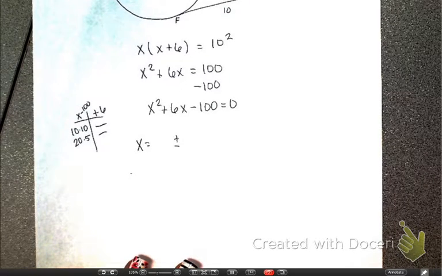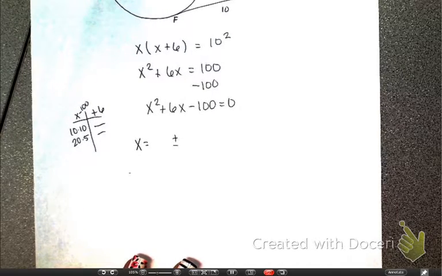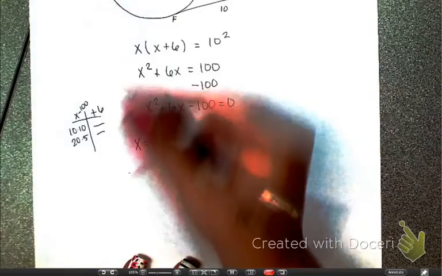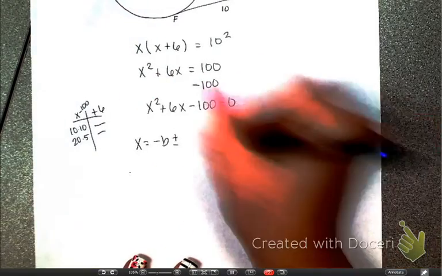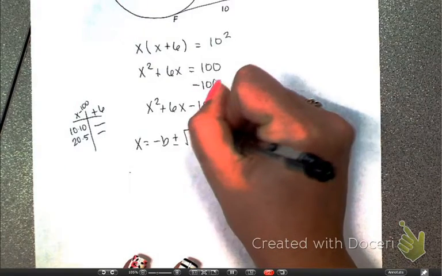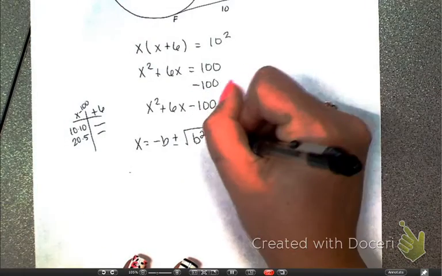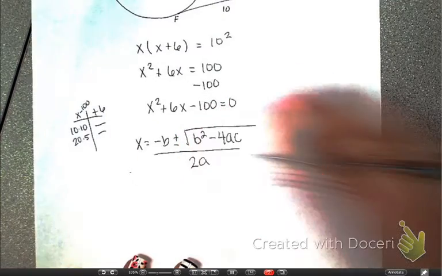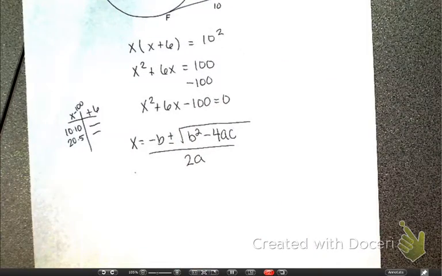You have all the right letters in there. It's close. Yadin? Negative b plus or minus the square root of a squared plus b squared minus 4, I'll just finish that one. So x equals negative b plus or minus the square root of b squared minus 4ac all over 2a.